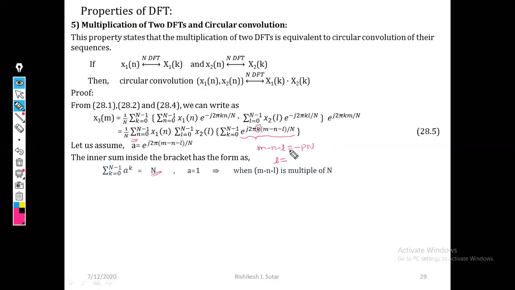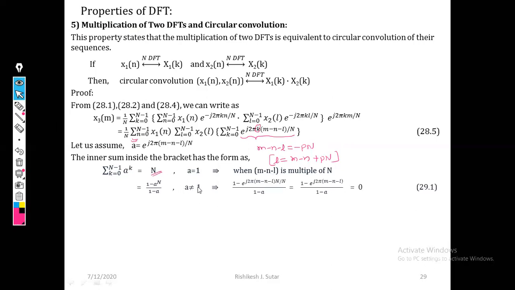If I want to write in terms of l, l will go towards the left hand side, so it becomes n minus l plus Pn. This we have to remember for the next few seconds. This is the value when my A is equal to 1.